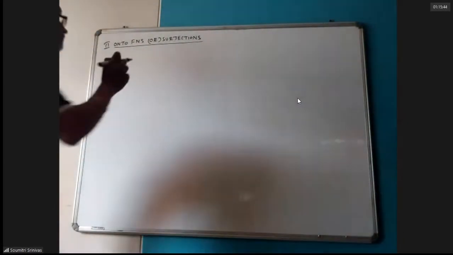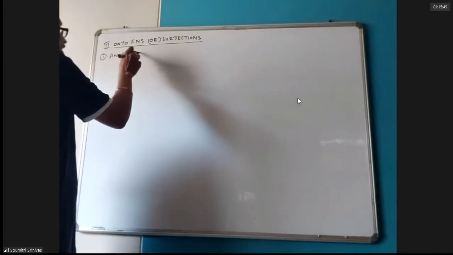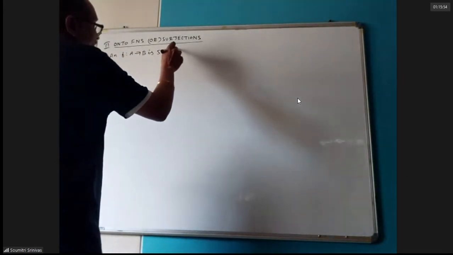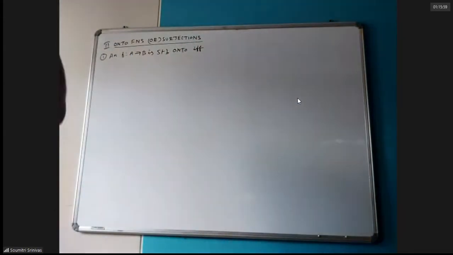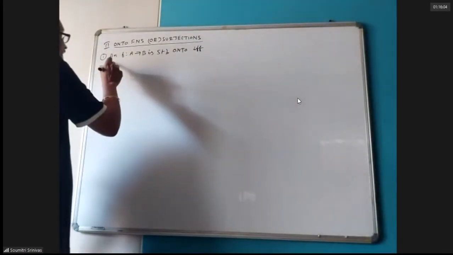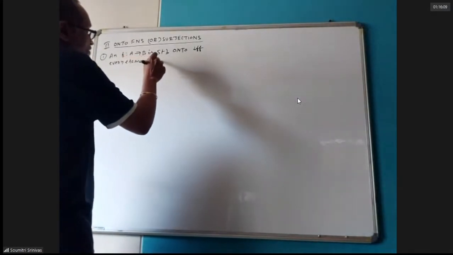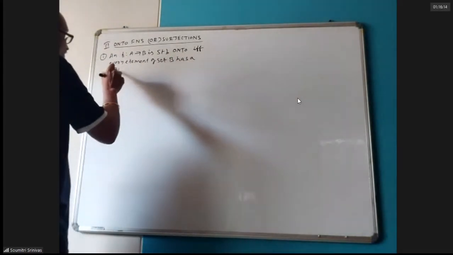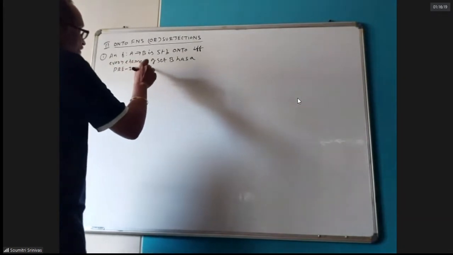A function f from A to B is said to be onto if and only if every element of set B has a pre-image in set A.